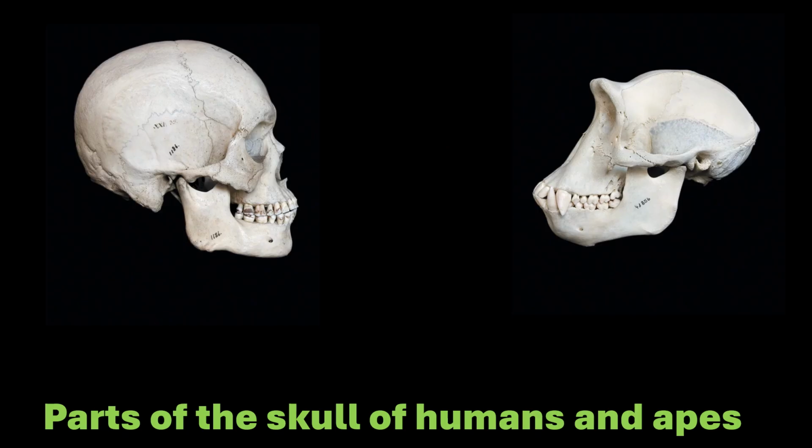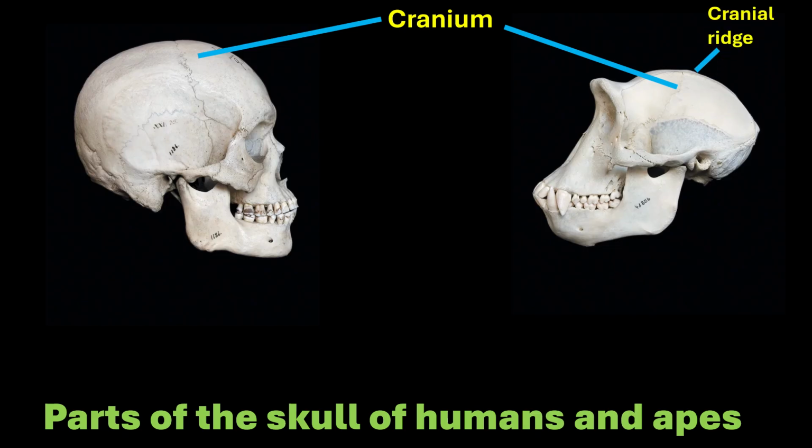All right, what do we do next? Over here, they both have something in common. They both have a cranium. You can see there's a cranium there to house the brain. If you examine the cranium critically, you will see a cranial ridge.